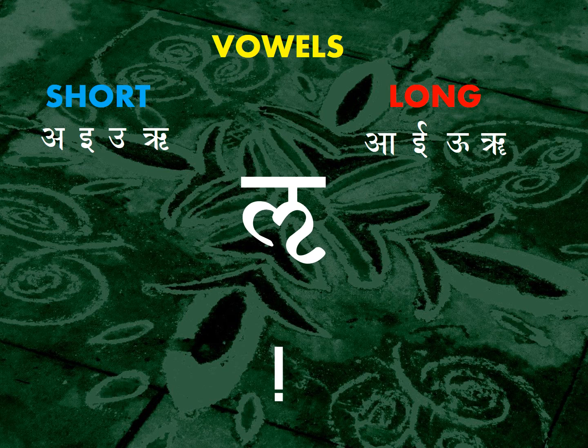Then we have the letter ḷ, which again is considered a vowel. So we have the short vowels a, i, u, ṛ, ḷ, and the long ones ā, ī, ū, ṝ.